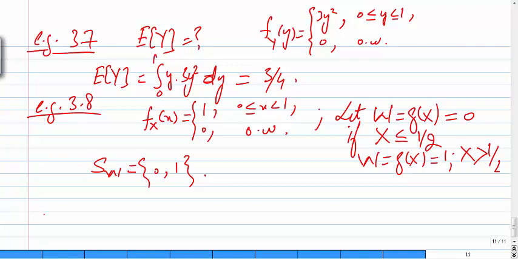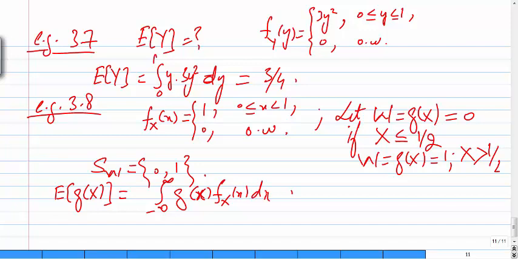Regardless of its distribution, its expected value is calculated. So the expected value of, let me rewrite here, g of X is calculated as the integral from minus infinity to infinity of g of x times f_X(x) dx.